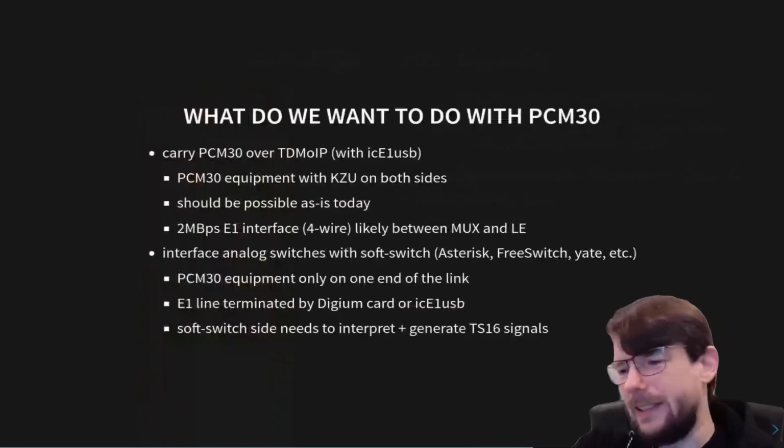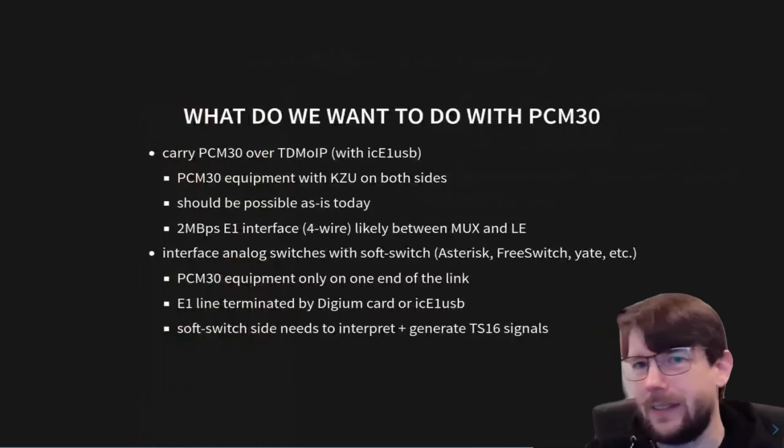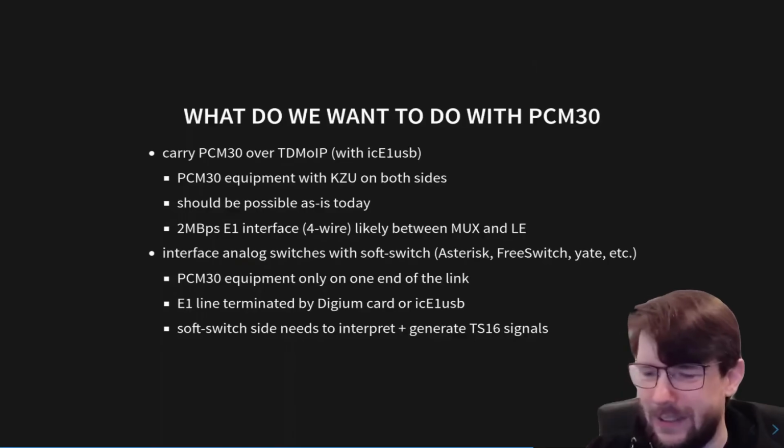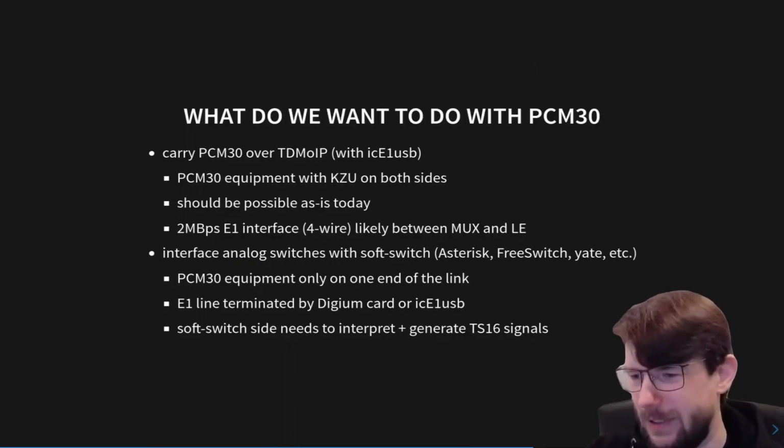Now, what kind of use cases did we see? What did people want to do? On the one hand, there's the request to carry PCM30 over TDM over IP with ICE1 USB, for example. So you would have PCM equipment on both sides, and rather than having a copper line or whatever other line directly connecting those two devices, you go into an ICE1 USB and use the TDM over IP protocol to the other side.